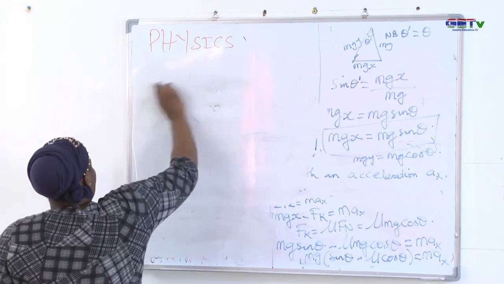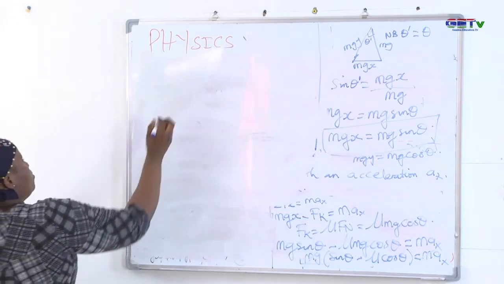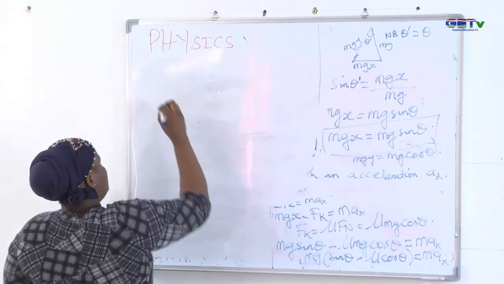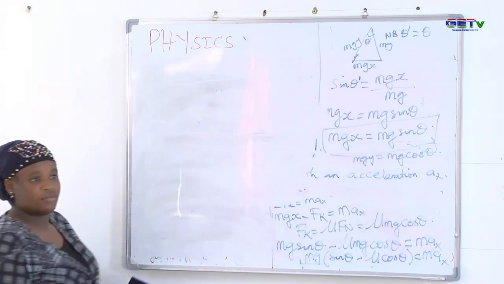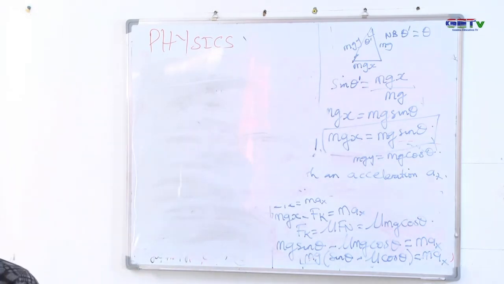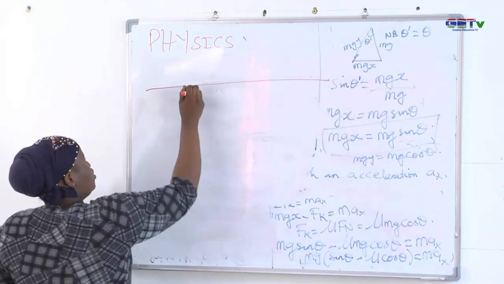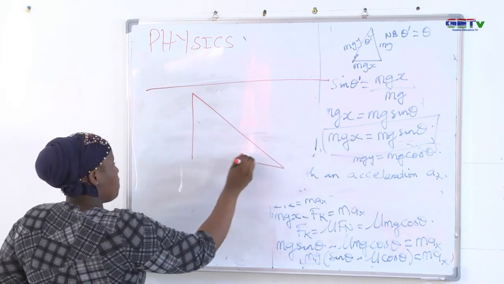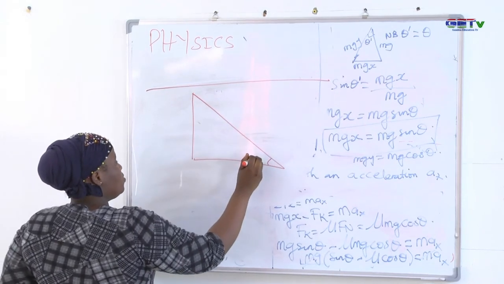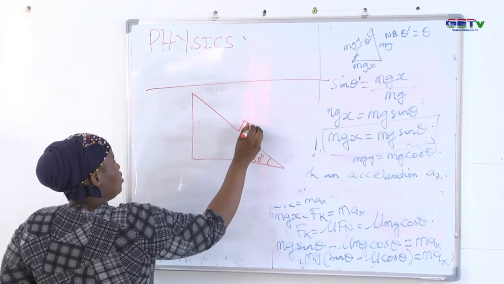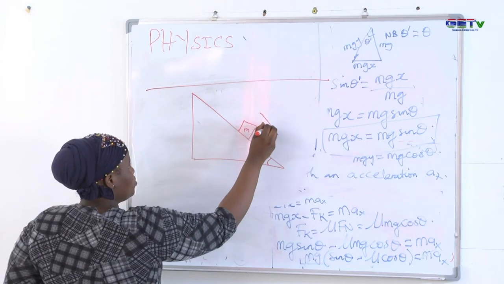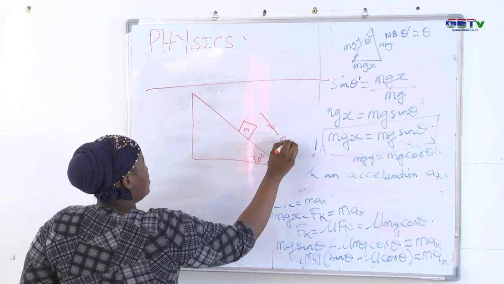I will solve that one for you, but no special case is required here. We will draw the block. That's theta, which is 30 degrees. The object slides down, but then a is 0.